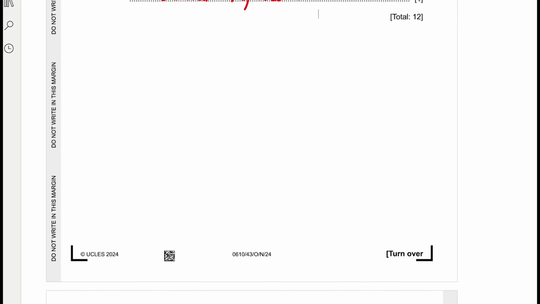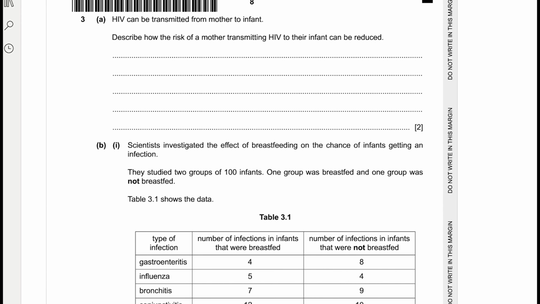Alright, then we move to the next question. HIV can be transmitted from mother to infant. Describe how the risks of a mother transmitting HIV to her infant can be reduced. Alright, now how can we reduce the rate of transmission of HIV from a mother to a child? One way is by testing pregnant women for HIV.